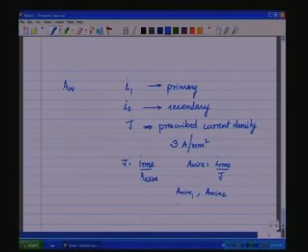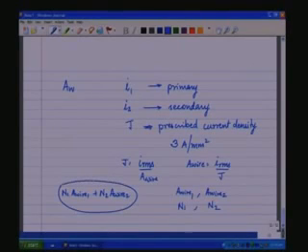Now, there are N1 number of windings for the primary wire, N2 number of windings for the secondary wire. So, N1 into its cross section area plus N2 into the wire's cross section area of the secondary, all these must fit into the window area, into the available window area of the core.